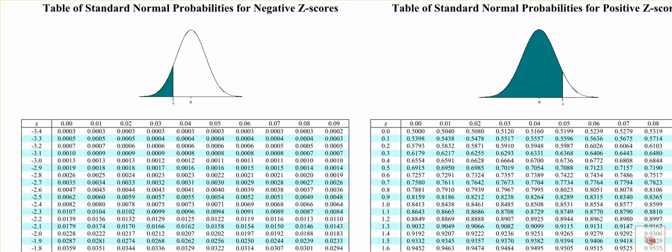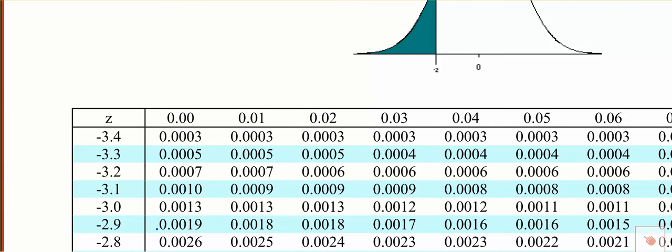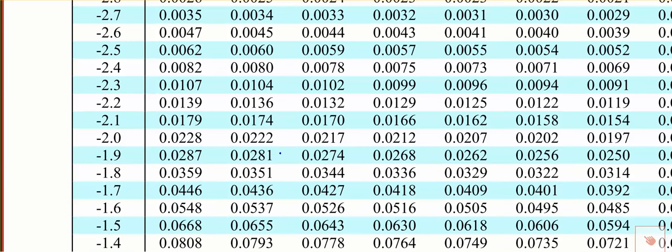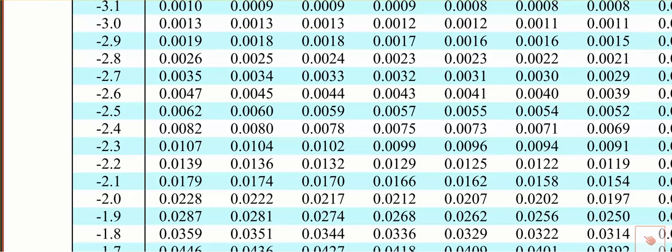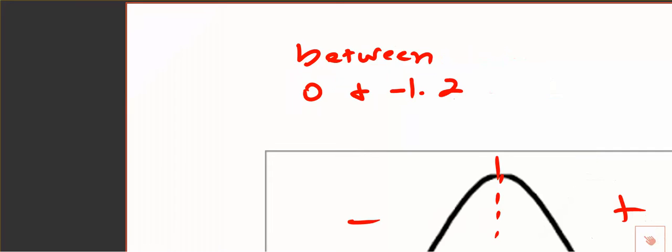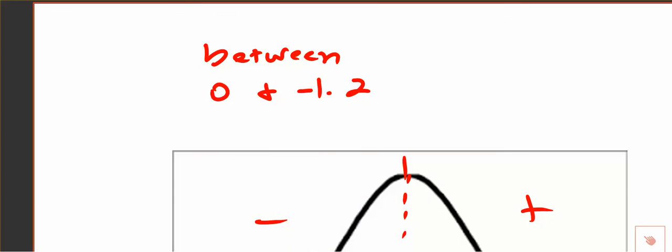So for example, if I look at negative 1.7, this tells me if I move my decimal place over two places that from the left-hand side to negative 1.7 z-score, that's about 4.46% covered, area covered under the curve. So let's look at a couple of example problems to determine the area under the curve when given some particular information about the z-score.